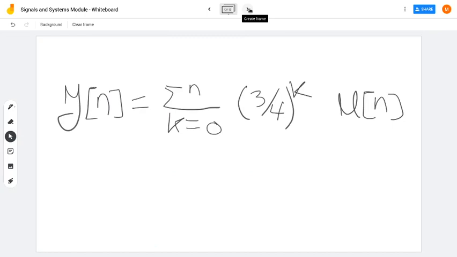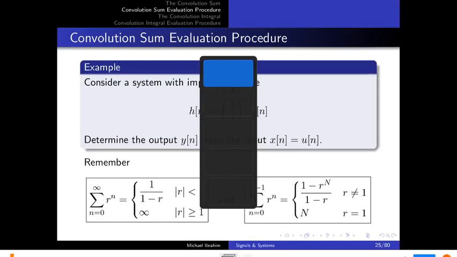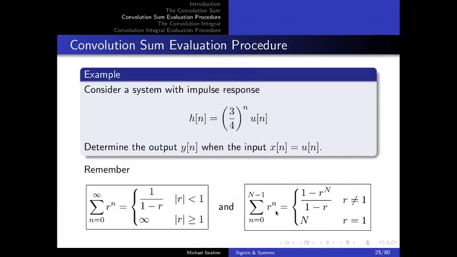And this summation is one of the two summations we have seen previously in the slides. Basically, it's this summation r to the power n going from 0 up to n minus 1.